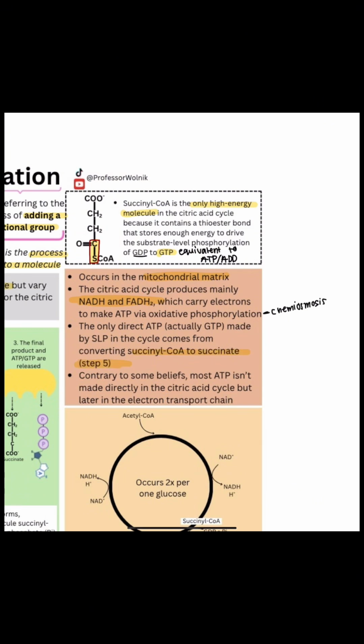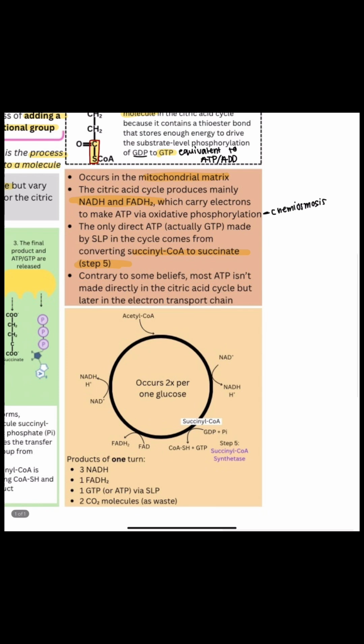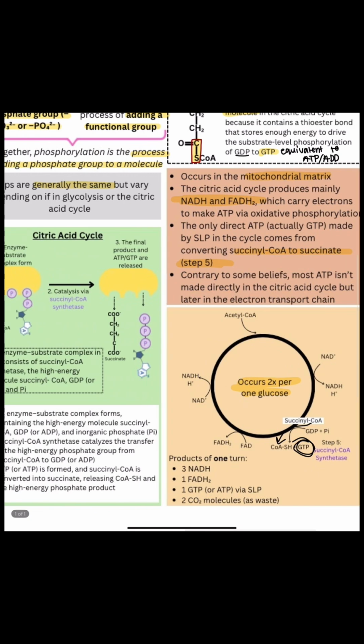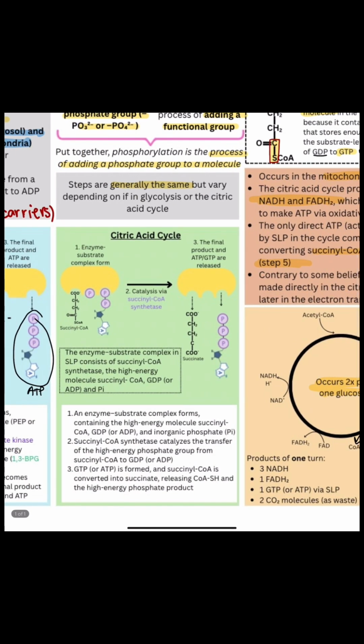We're going to have the enzyme succinyl-CoA synthetase, which is going to catalyze the reaction in which our succinyl-CoA is going to lose its CoA group. Then we're going to have GDP and an inorganic phosphate that are going to combine to form GTP. So just like glycolysis, the citric acid cycle is going to happen 2 times per glucose.